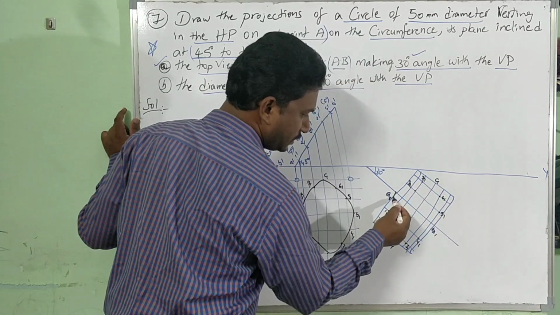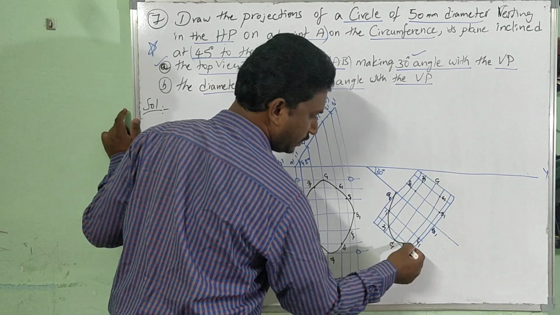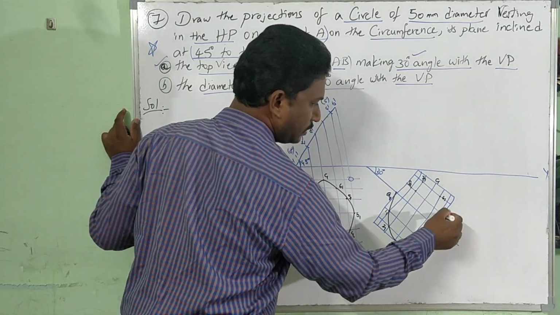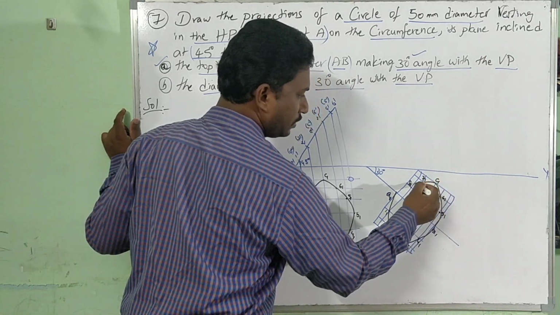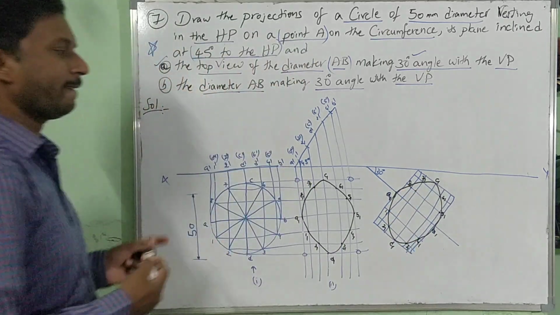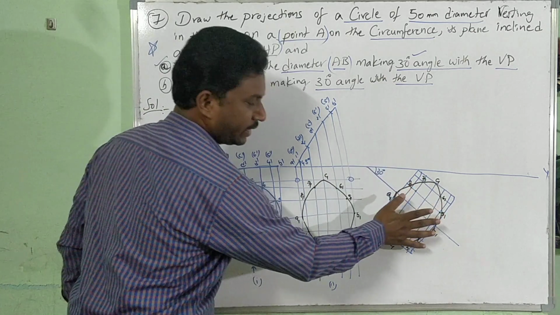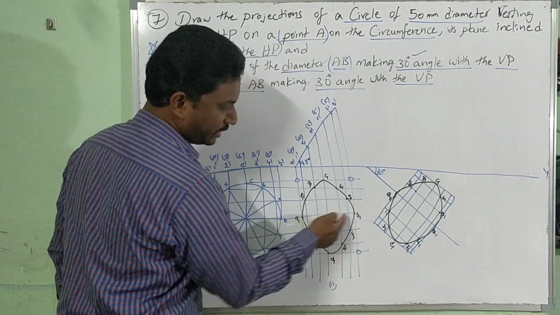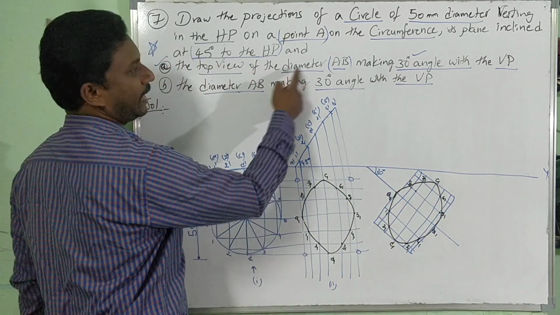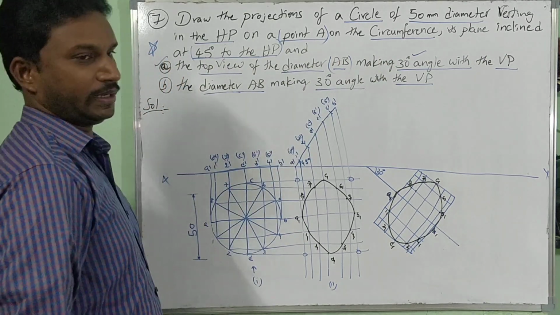Try to finish the ellipse. This ellipse is to be rotated at an angle of 30 degrees with respect to A1 B1. Why? Because the diameter AB makes an angle of 30 degrees.